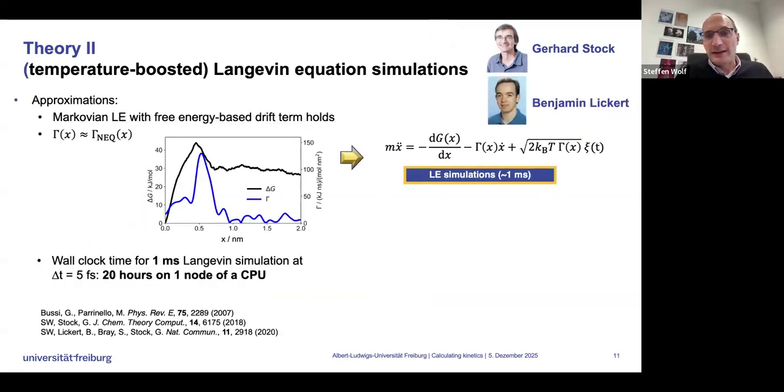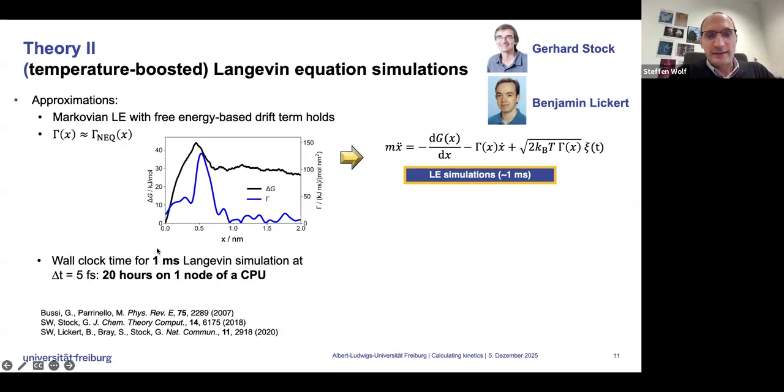Of course, then we need to assume that the friction is close enough to the friction under equilibrium conditions. We ensure this by slow pulling. And with this friction factor and the free energy, we can then perform these Langevin simulations. Again, they are very fast.